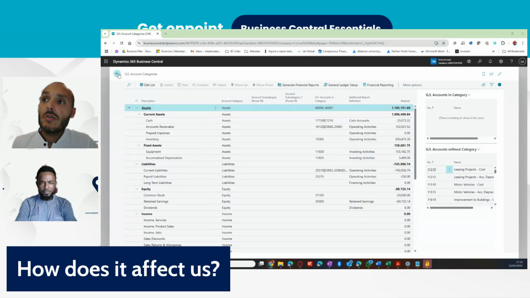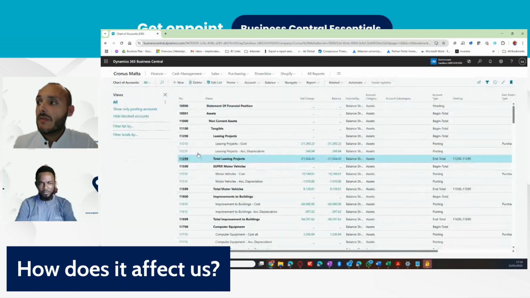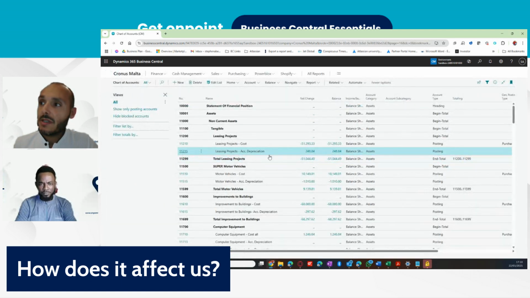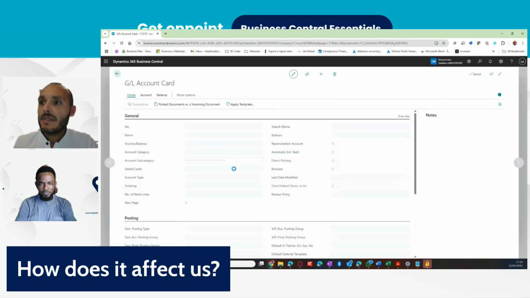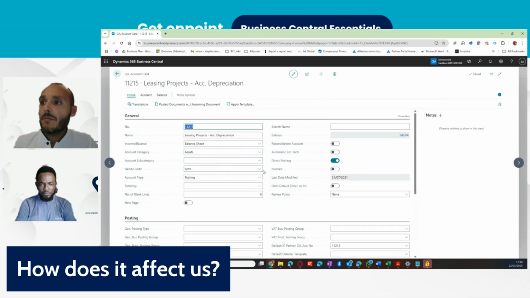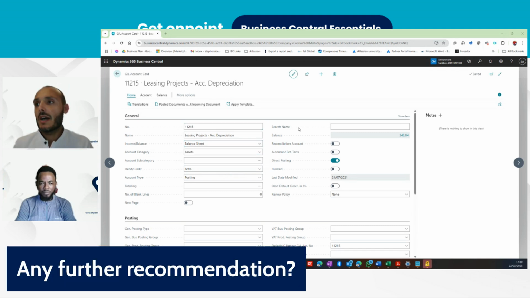And may I remind everyone that it is very important that in Business Central we properly set up whether it's an income or a balance sheet account. This is truly very important, to make sure they are properly set up and properly configured.